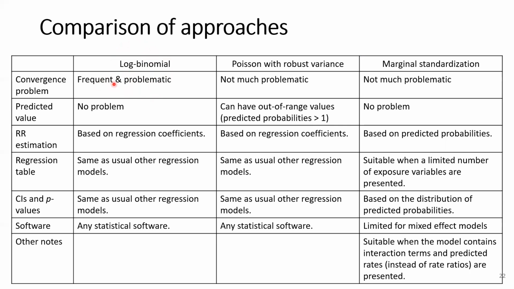We face this convergence problem very frequently, so in many cases the log binomial model may not be an option. I did some analysis after I came to Drexel, and usually this model didn't fit. But you can try.